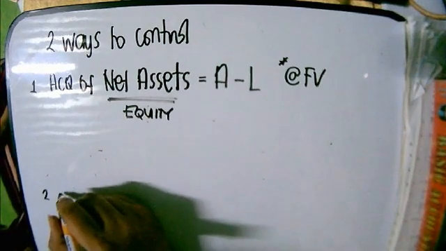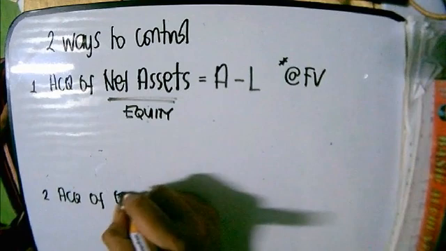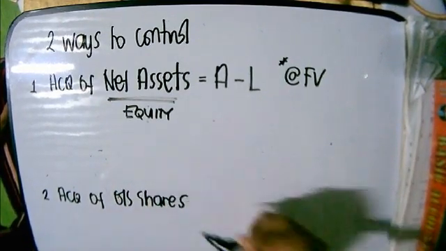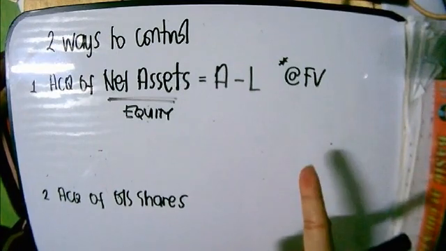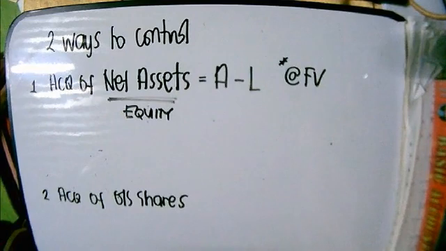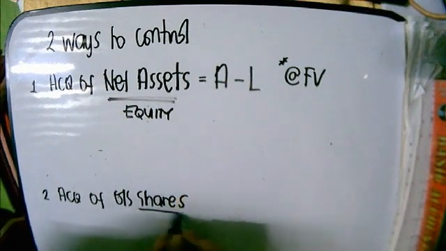Number 2 is we have acquisition of outstanding shares. Kung kanina, ang inacquire is net assets, dito naman sa acquisition of outstanding shares is shares yung ina-acquire.